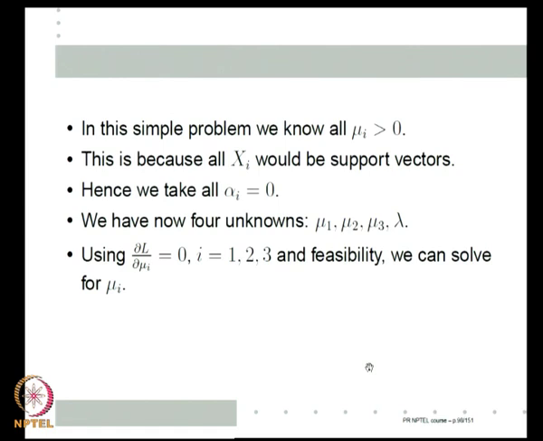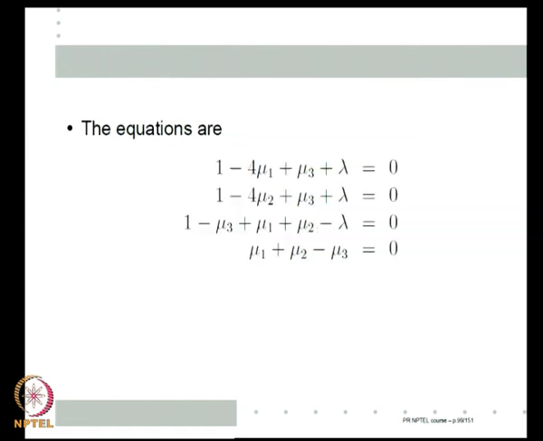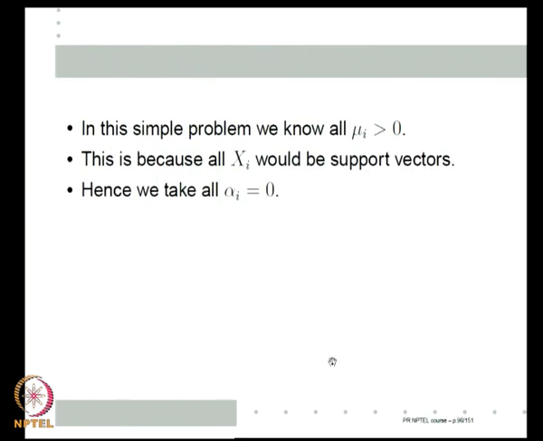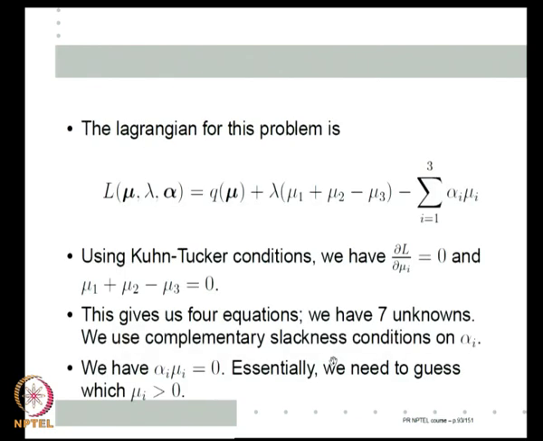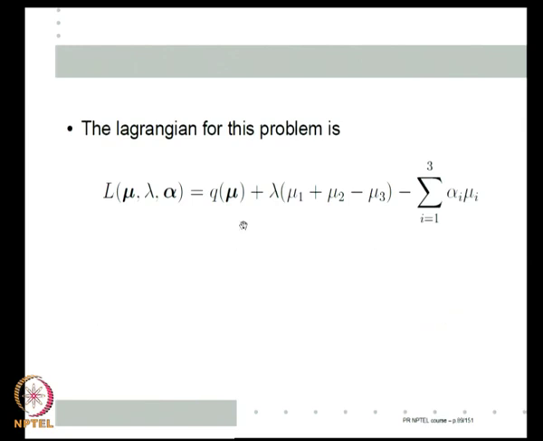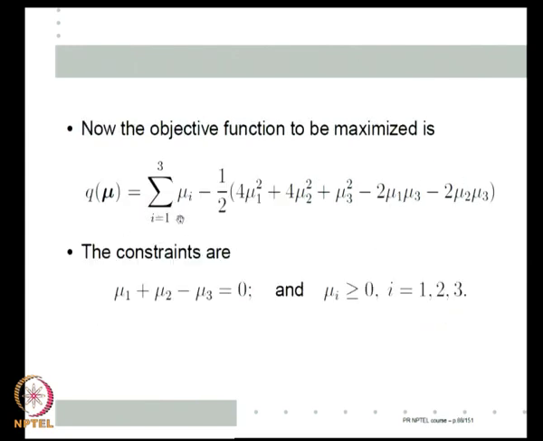If I put these 4 equations down, that will happen to be the 4 equations. It is easy enough to see. Essentially, I am differentiating this. When I differentiate q mu, I get 1 from this with respect to any mu I, a mu term from the square, and then the mu 2 and mu 3 terms from the cross terms.